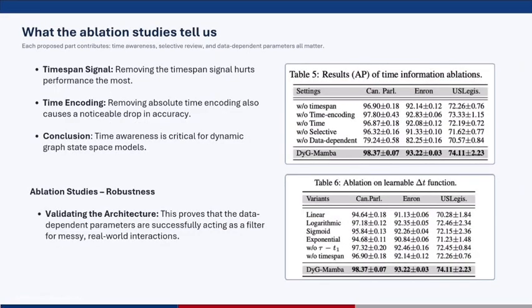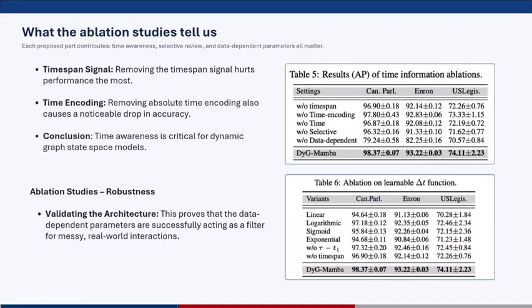So now with the ablation studies, we will discuss which components are effective for the least memory consumption and faster training time. Each proposed part contributes; for example, time awareness, selective review, and data-dependent parameters all matter, based on the results on three datasets.